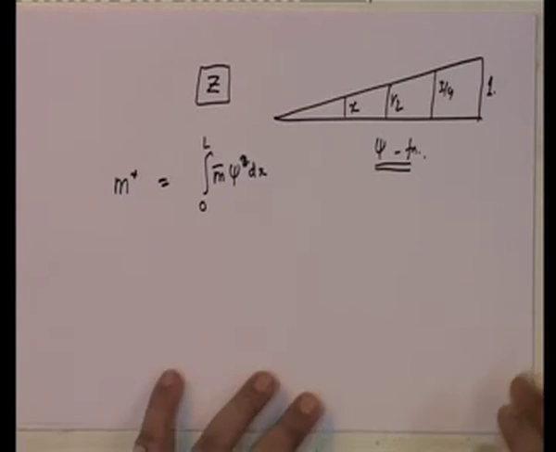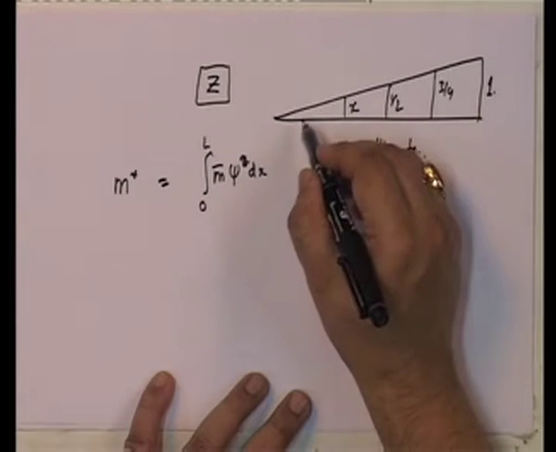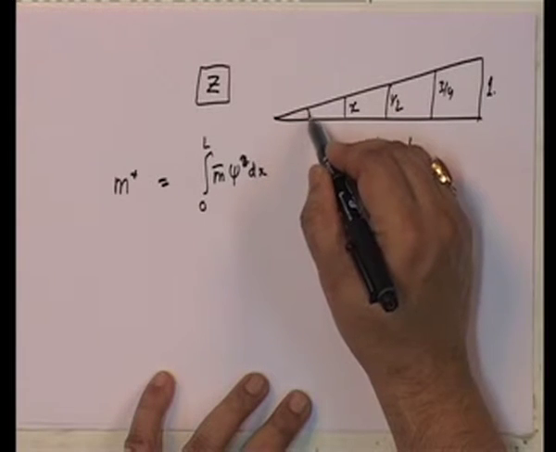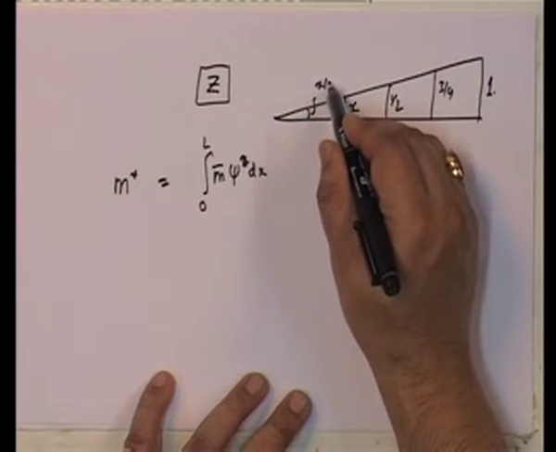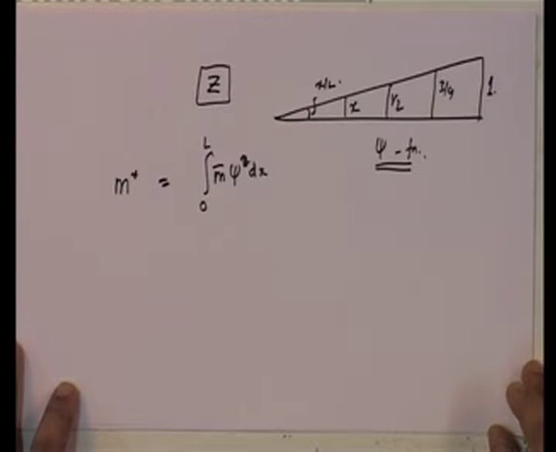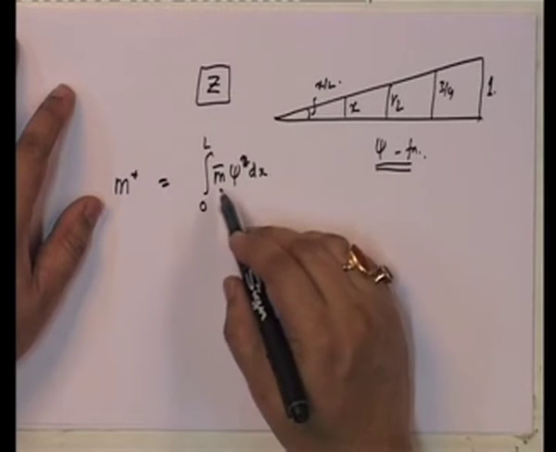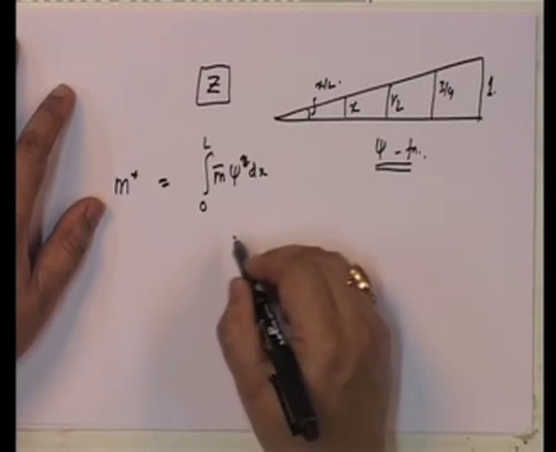Okay, I'm sorry, this is not true. This is x by L. So, this is x. Okay. So, now m star can be written in this fashion.